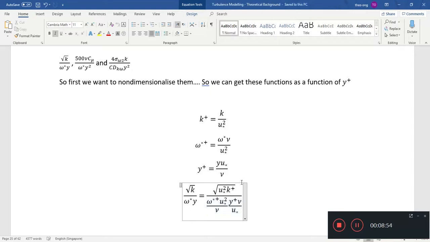Let's see whether all of these cancel out. The top will be the square root of k times u star.